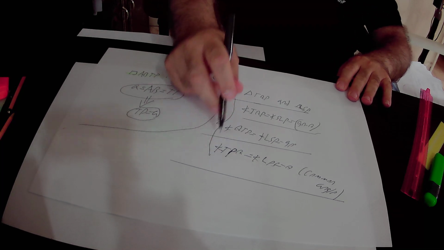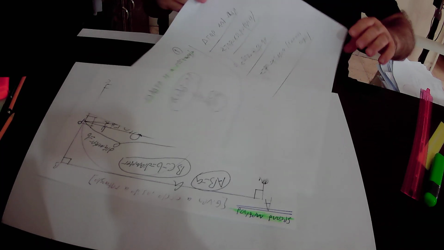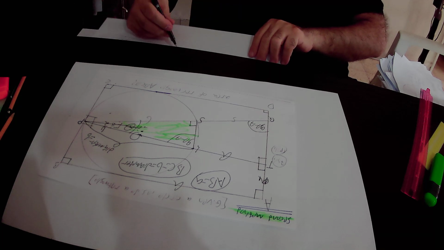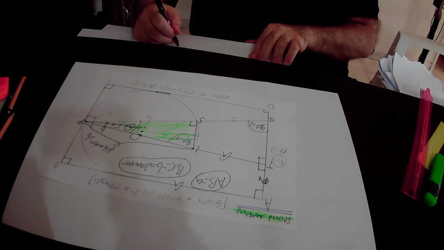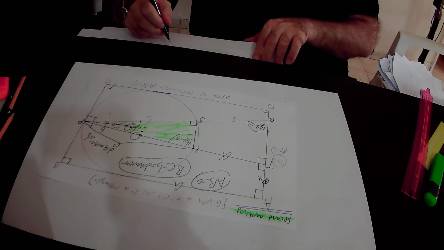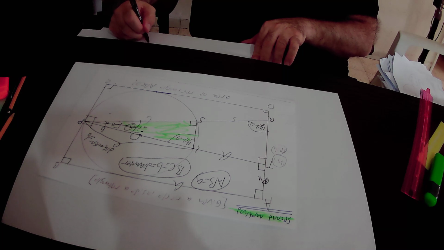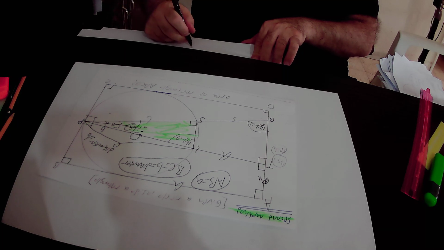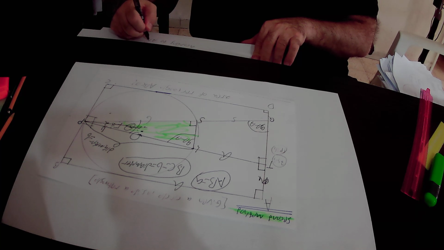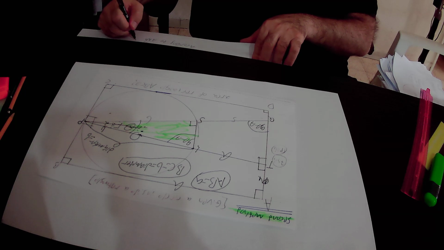So we actually proved that the big right triangle TPQ is similar to the small green right triangle LSP according to the angle similarity rule.